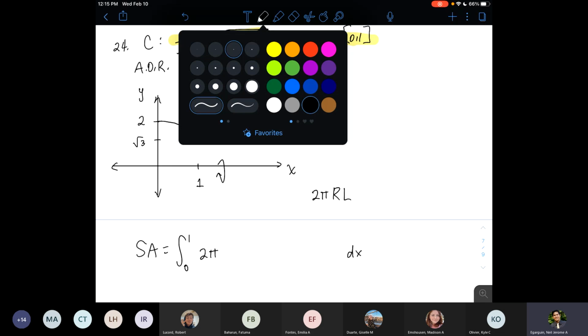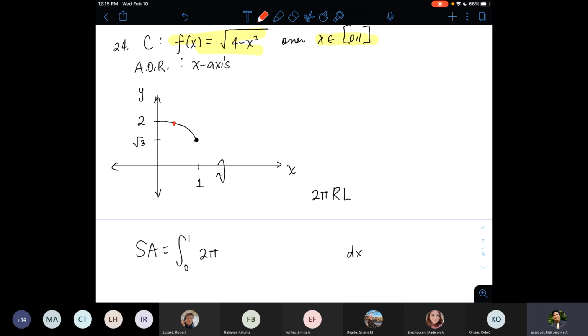Well, the radius would be how far a point on the curve is from the axis of revolution. But if you notice, upon drawing that length, it is nothing but the length of a vertical strip, right? And again, we measure vertical strips as top function minus the bottom function. The top function here is root of 4 minus x squared.